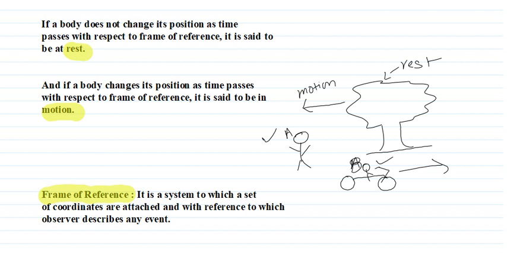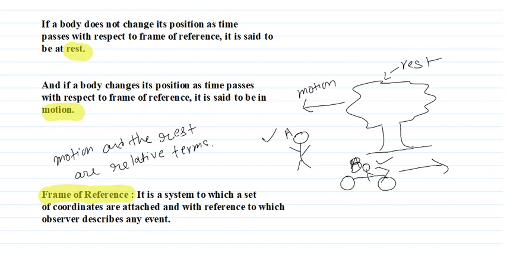So the motion and the rest are relative terms. Relative, that is, not absolute, it is a relative term.